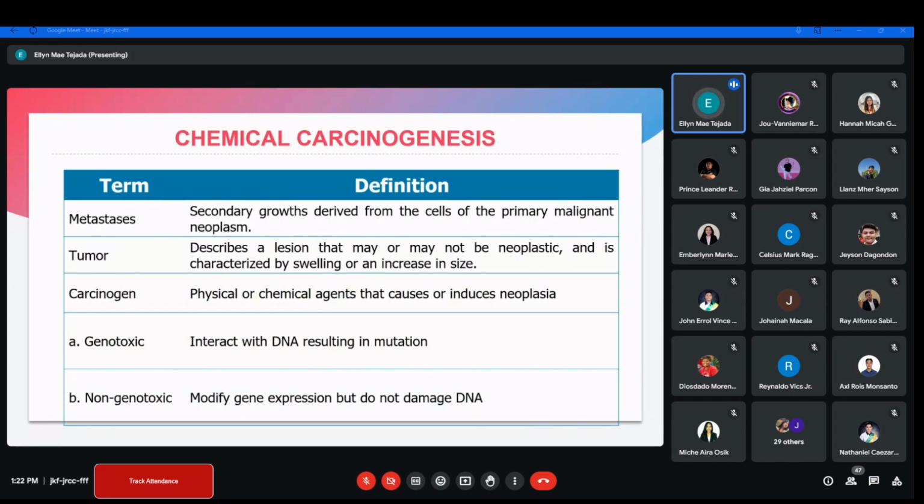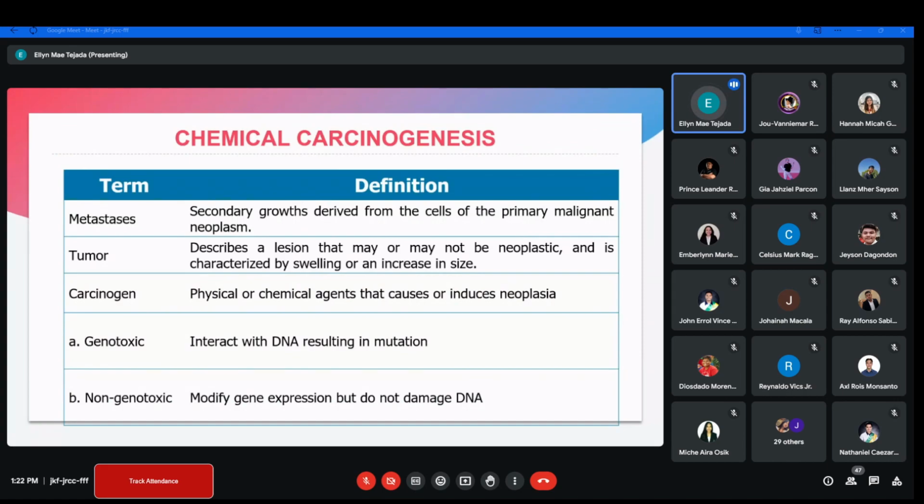So next is carcinogens. These could be either physical or chemical agents that cause or induce neoplasia. Again, it must be a new growth triggered by either physical or chemical agents.